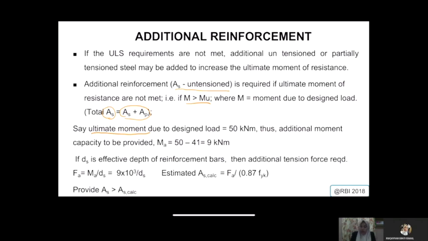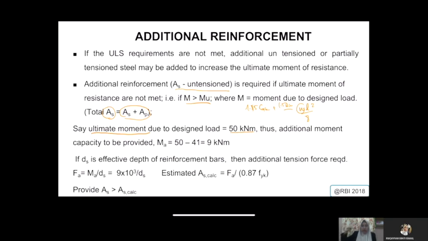It is by considering the common calculation that you do, where you have WL squared over 8, and your W is actually 1.35 Gk plus 1.5 Qk, like that. Then you calculate your moment, and that will be your design moment. Say the given is 50 kilonewton meter. That one is the actual moment applied on the beam.